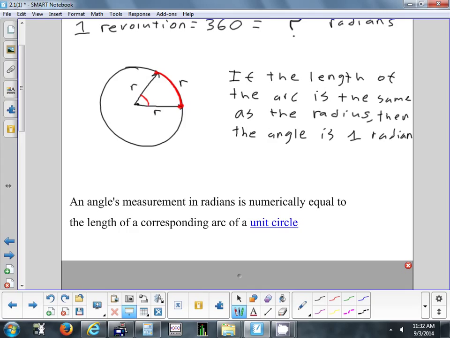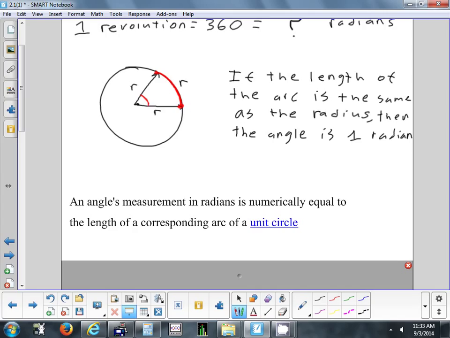If you want to measure an angle in radians, the measurement of the angle is equal to the length of the arc on a special kind of circle, a unit circle. Okay, so I'm going to explain what that is. If you draw a unit circle, any angle that you measure in that circle is going to be the exact same length as its arc.